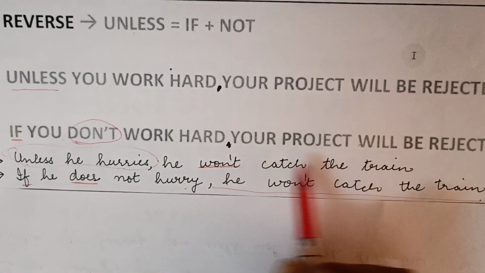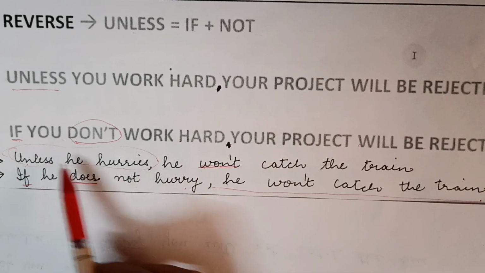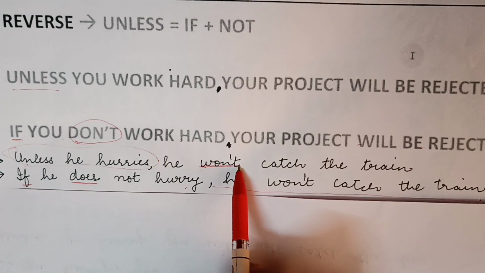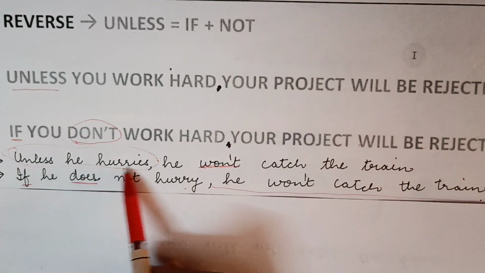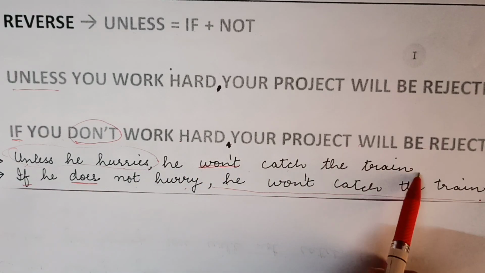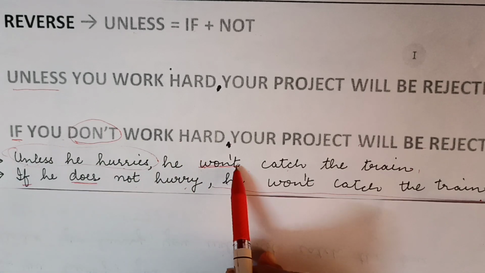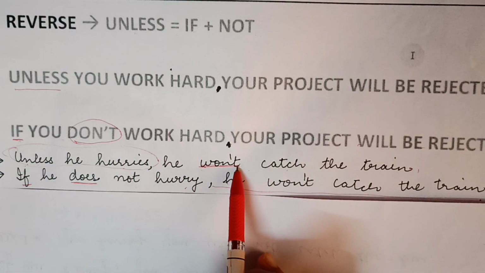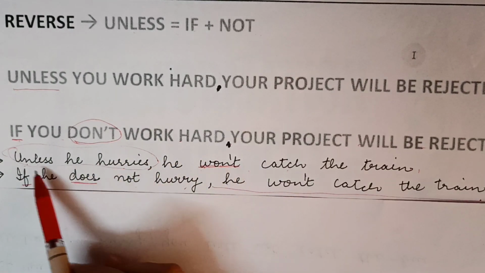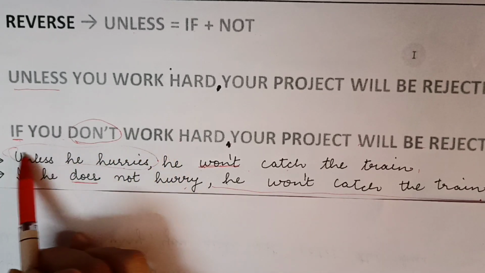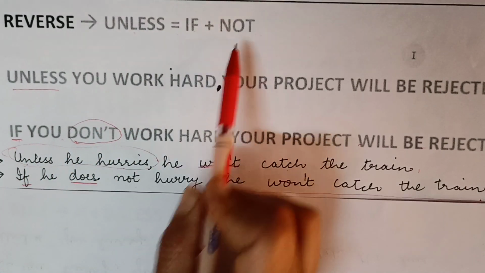Don't worry if there is unless and not in the statement, it could come. Unless he hurries, comma, he won't catch the train. So in this case, you have unless and you also have a negative in the statement. You will transform the first part of the statement as per the rule I have told you.